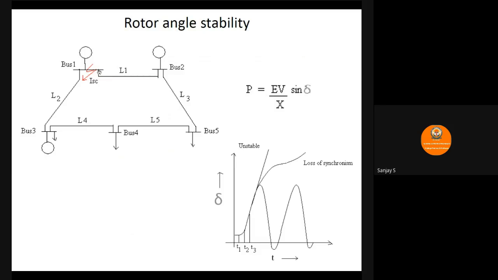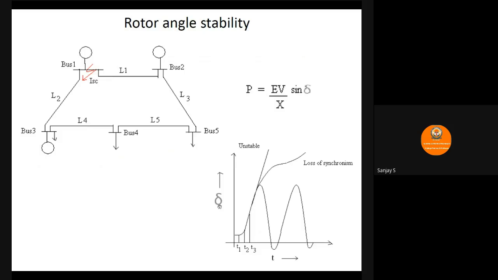That acceleration can be expressed as d square delta by dt square. If d square delta by dt square is the acceleration, d delta by dt will be the velocity, and delta will be the corresponding rotor angle. That rotor angle versus time has been plotted here, and you can see the increase in speed of the machine indicated here.